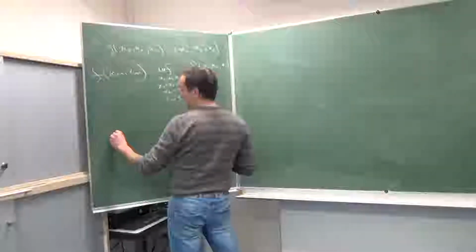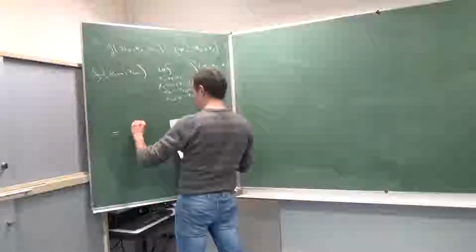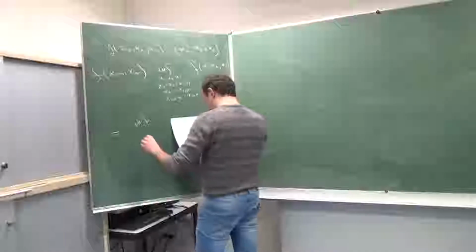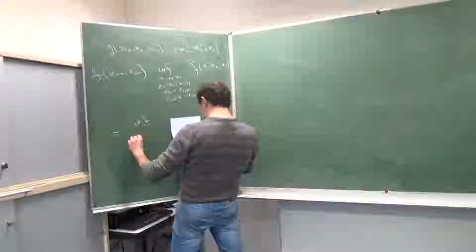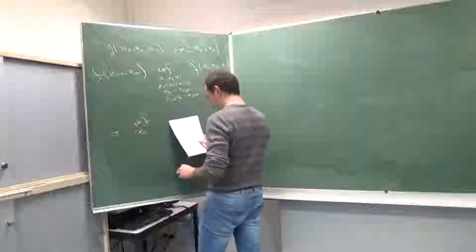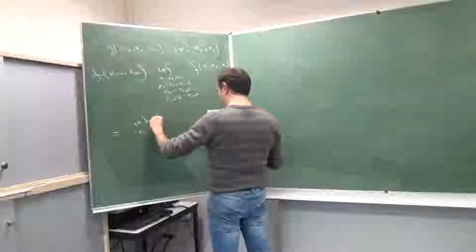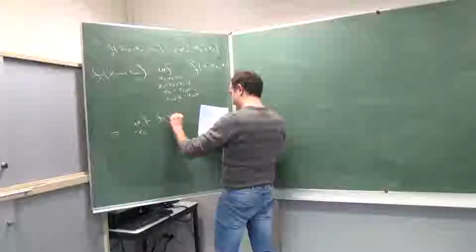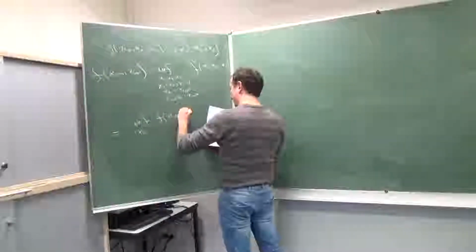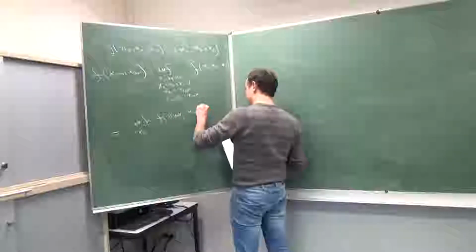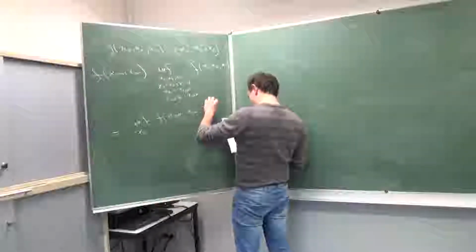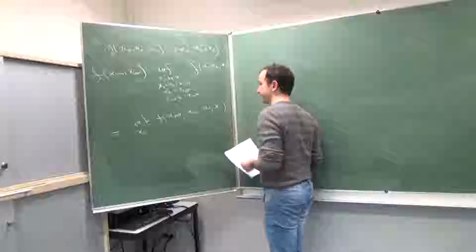See? Okay, now we can use these constraints, we can just plug them in directly. So in the end we find that this is just the infimum over xc, for example, we can keep xc, of f of x vowel, x consonant minus xc, xc.